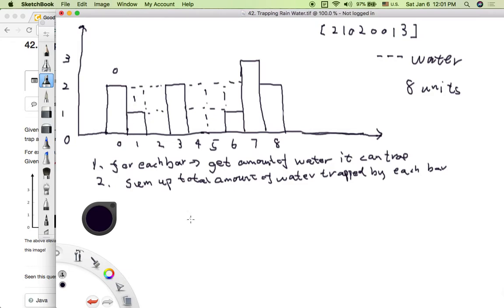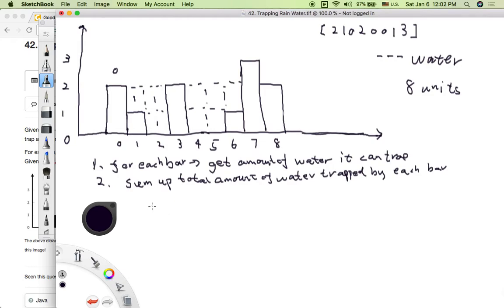Then we look at the third one. It can hold a total of 2 units of water. Why is that? Because its own height is just 0, and on the right side there's a bar with a height of 2. That difference is 2.